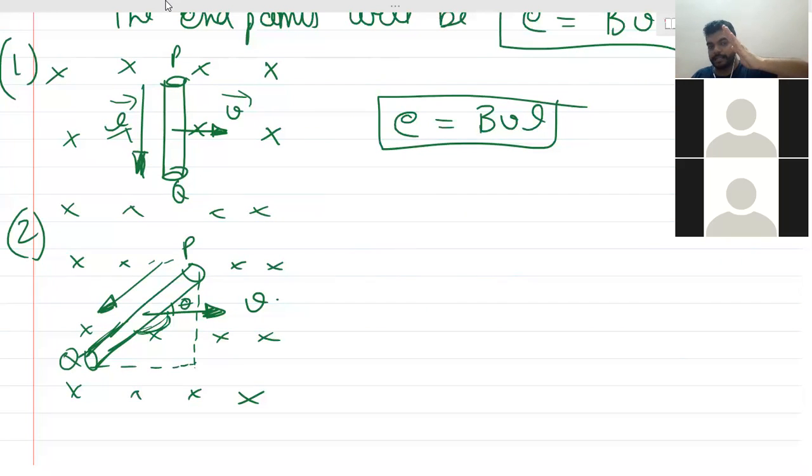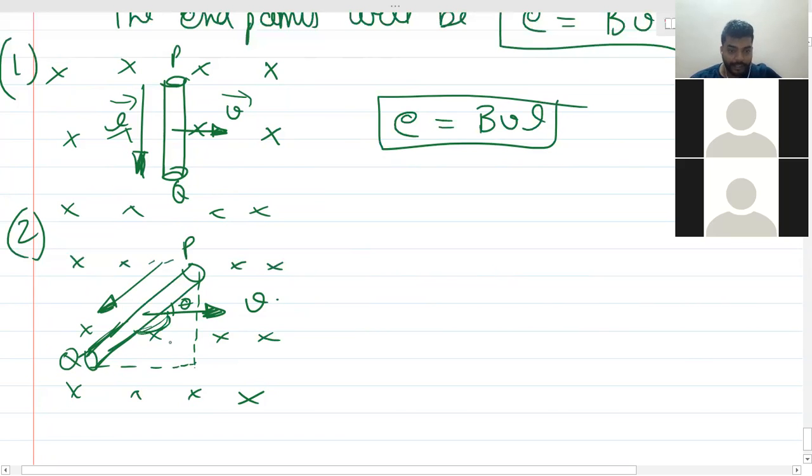It is executing translational motion, but it is not rotating anyhow. And it is slanted. In the previous case, it was like this and it was moving like this. In this case, it is slanted and then it is moving like this. So can you see the difference in both the cases? Yes or no?